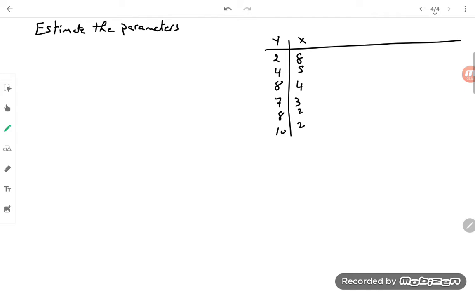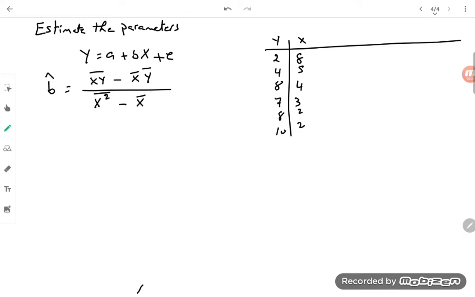Required is to estimate the parameters, where y equals a plus bx plus e. So now we have to find the values of b and a. B hat is calculated as xy bar minus x bar y bar, divided by x squared bar minus x bar squared.